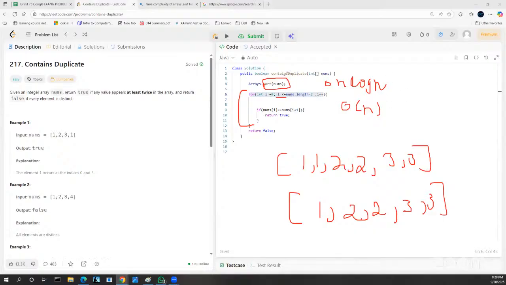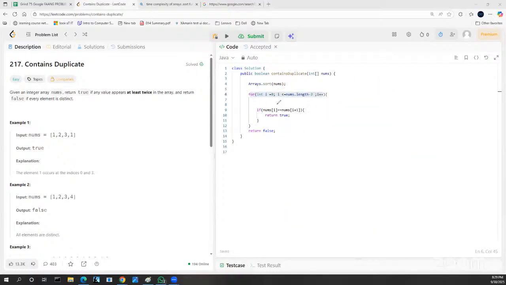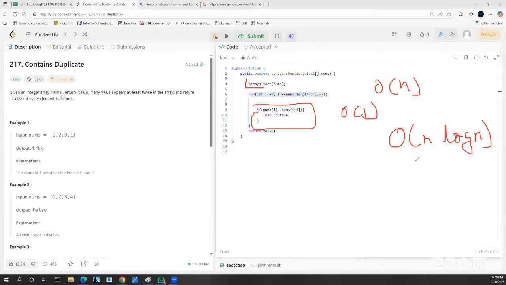So what will be the total time complexity of this algorithm? This is just one operation. I'm checking the j for i, or I'm checking the i plus one for i. This is just O of one. This right here is O of n, and this right here is O of n log n.